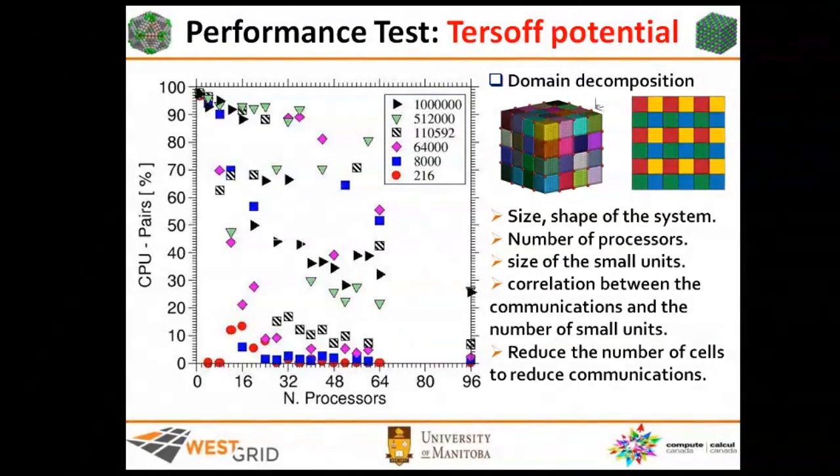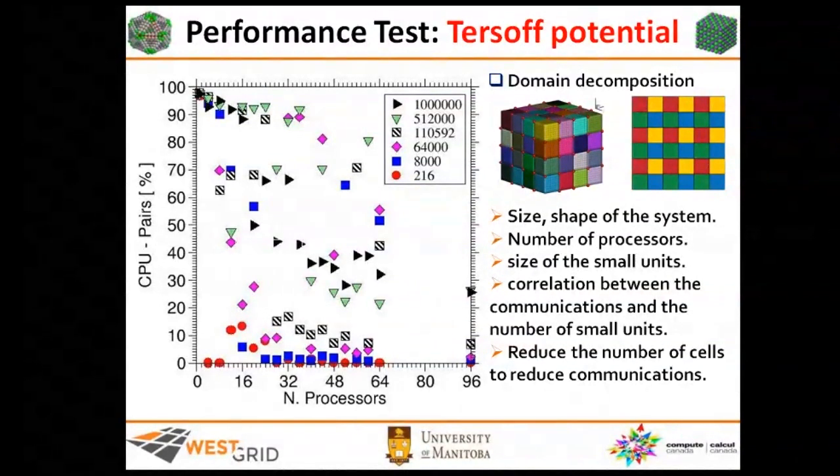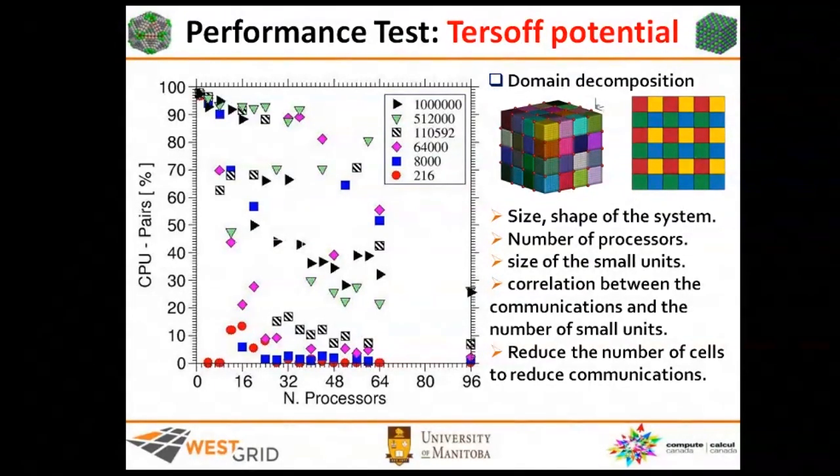If you increase the number of small boxes, you increase the communication between the processors, because when we go to the border, for example, to compute the interaction, you need the information about the positions that belong to the box next to that particle.